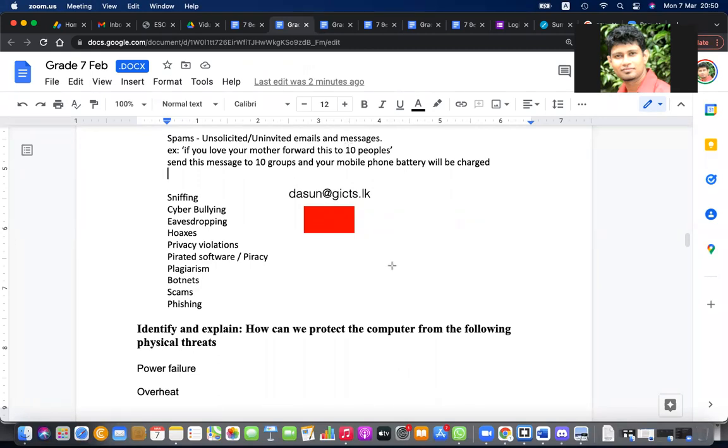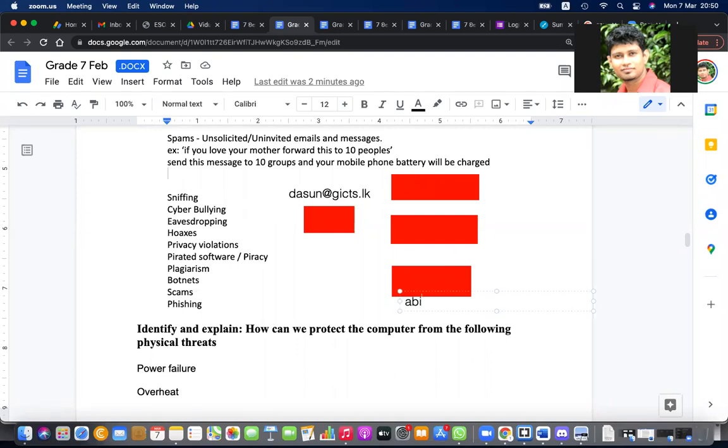Let's say you are sending this to 10 people. When you send it to me, I also send it to 10 people. Suppose I forwarded it to 3 people. The email is in one place, the email server. Let's say abinu@gicts.lk is another email, I have forwarded to that. And gayan@gicts.lk.